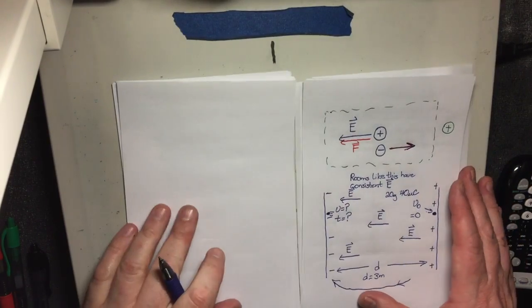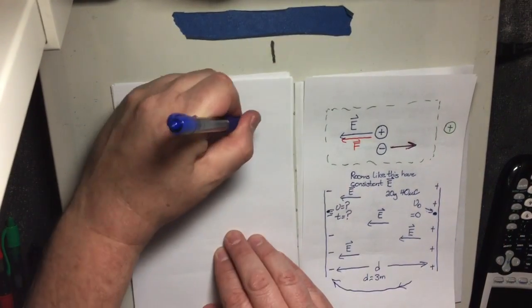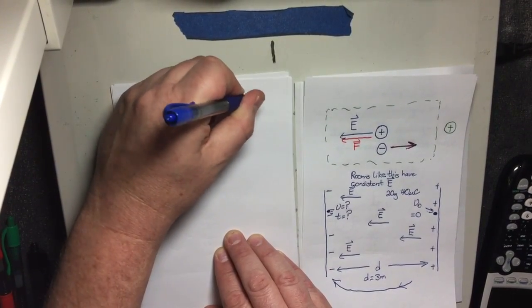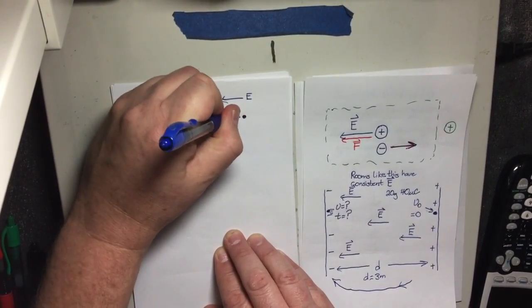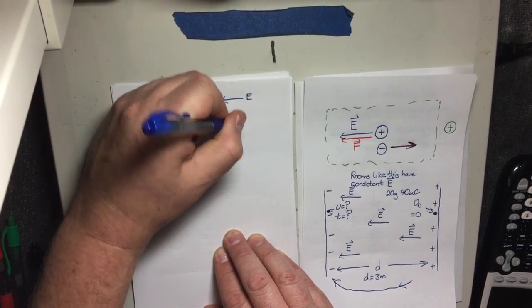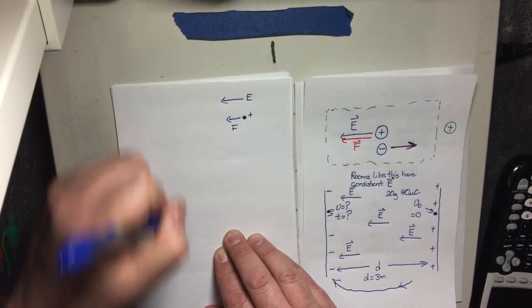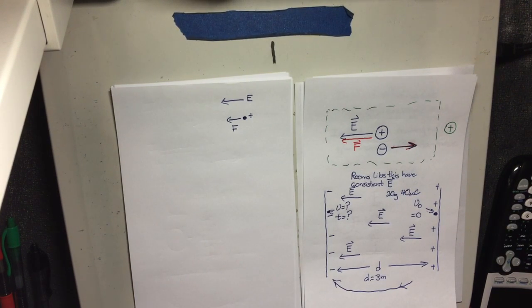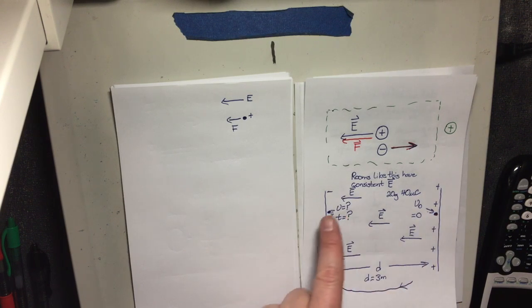This charge is experiencing a force. The electric field is to the left. The force is to the left as well because it's a positive charge and the electric field goes to the left. When you've got capacitor plates like this, the electric field lines always run from the positive plate to the negative plate.